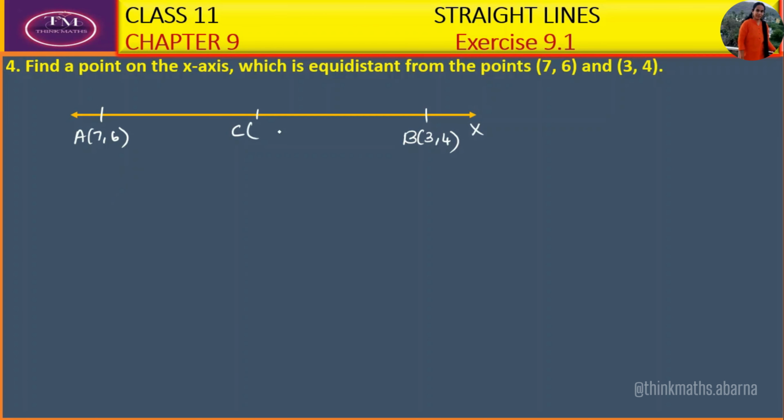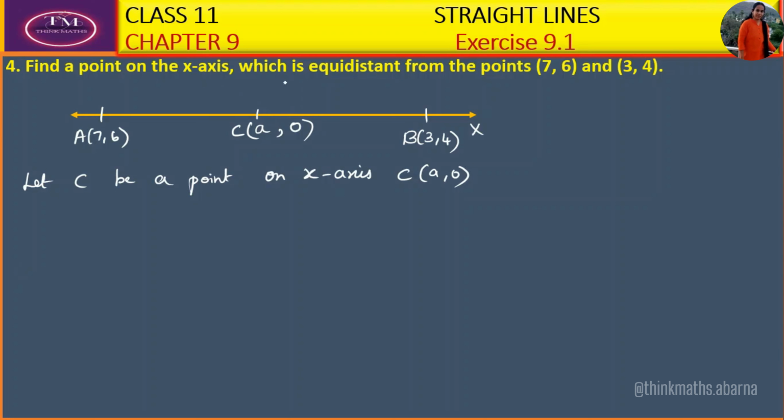On the x-axis, the y coordinate will be 0. So let us name the x coordinate as a. So let C be a point on the x-axis, which is (a, 0). Now what is the condition?